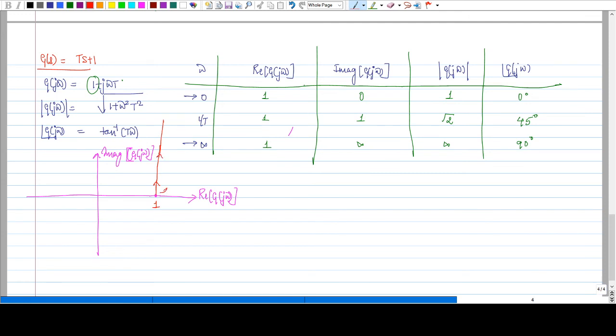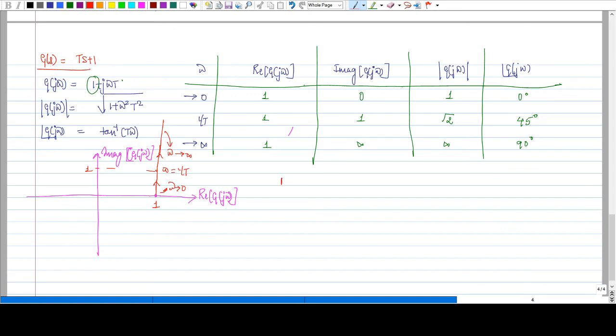Here it is ω tends to 0, and somewhere here it is ω tends to infinity. This one point where the point is 1 is when ω equal to 1 by T. This is the polar plot of Ts + 1.